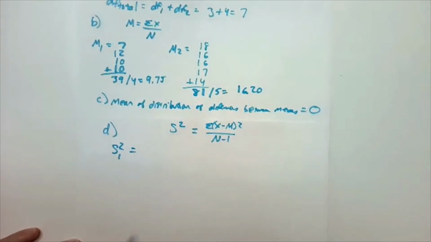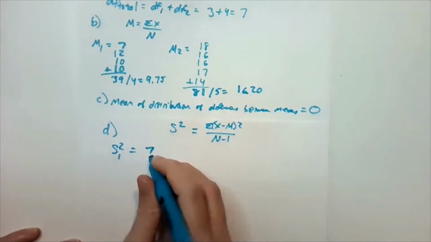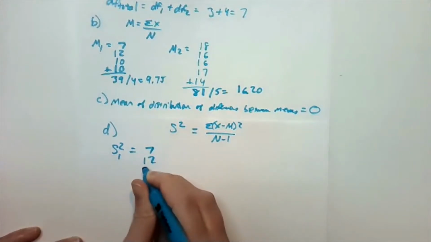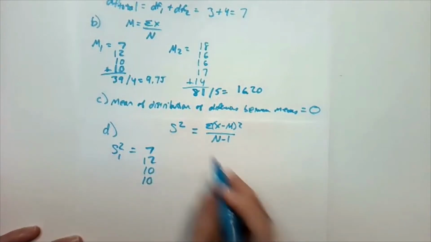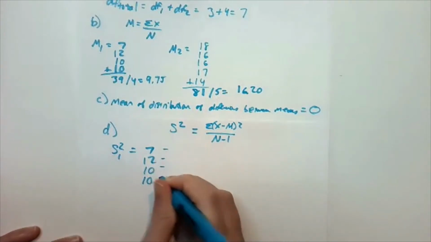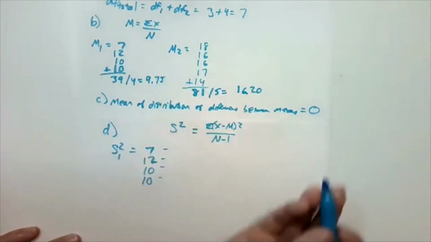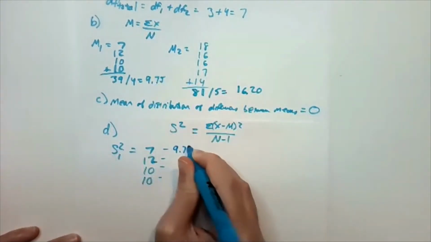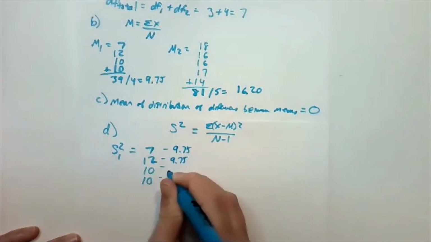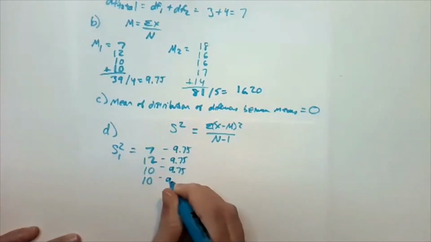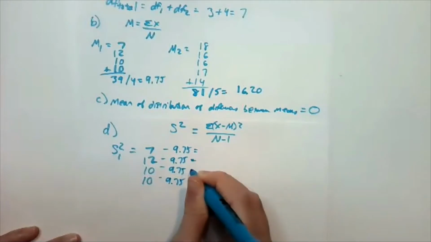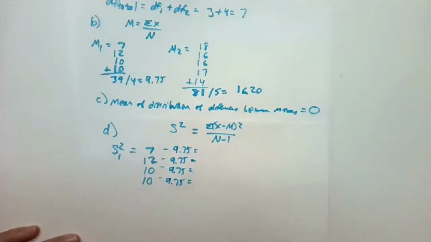And so for group 1, we're going to take our raw scores. So we have 7, 12, 10, and 10 again. We're going to subtract the mean of our group, which we already calculated, and we said was 9.75. I'm just going to set this up here. I'm going to start off by subtracting that 9.75 from each of these scores.